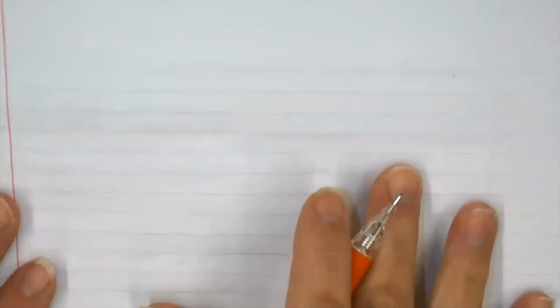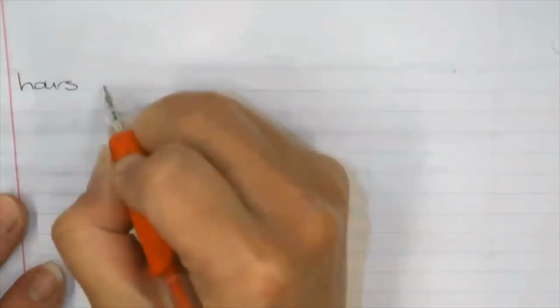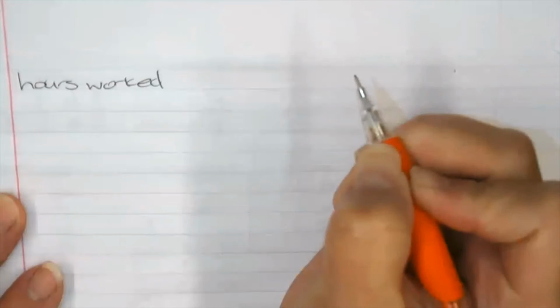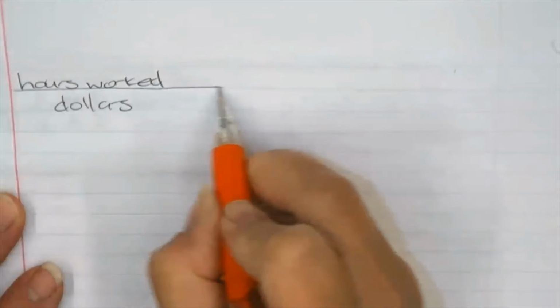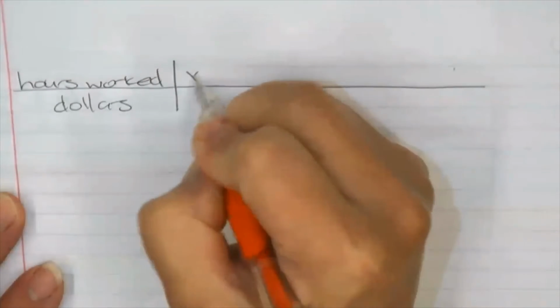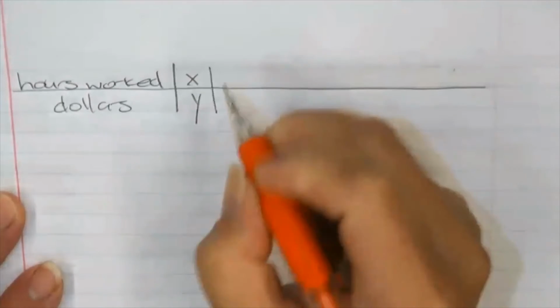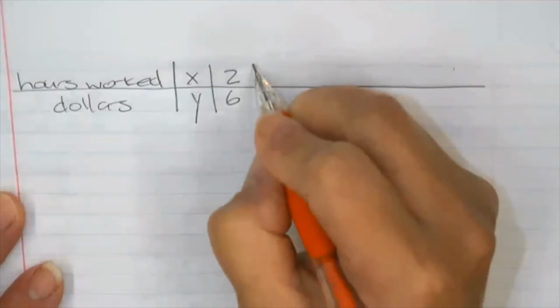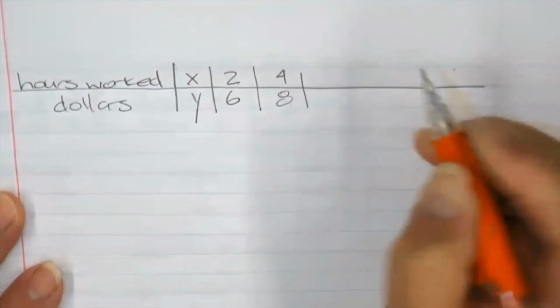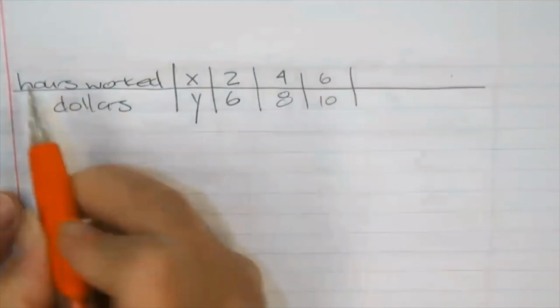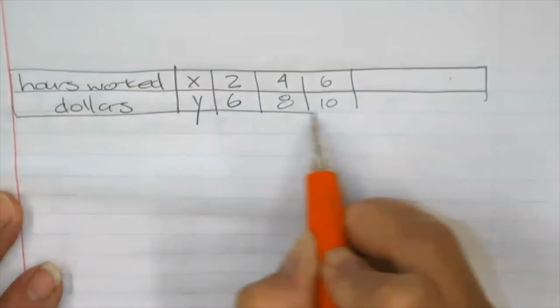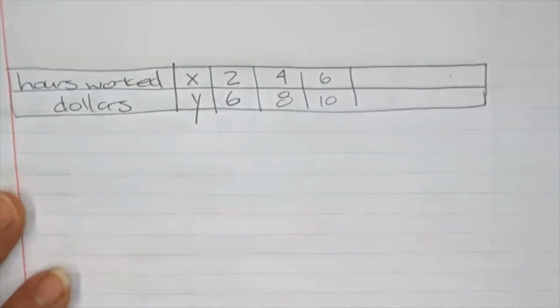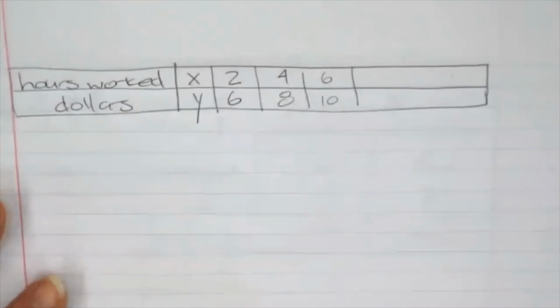So this time, the book is giving us the example. Hours worked over dollars, X over Y. This time the book's giving us a horizontal table.